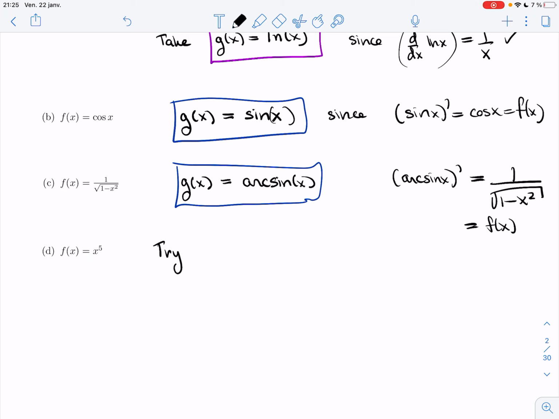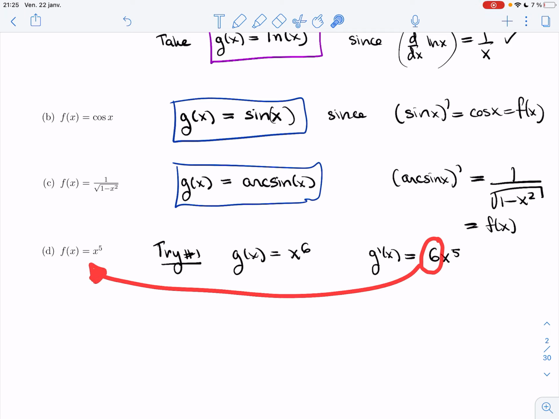So the first thing I'll try, I'm going to try g of x is x to the 6. Then when I take the derivative, I'm going to get 6x to the 5. So it's close, but not quite right, because I have that extra 6 that I didn't have in f. So I need to figure out how to get rid of this 6.